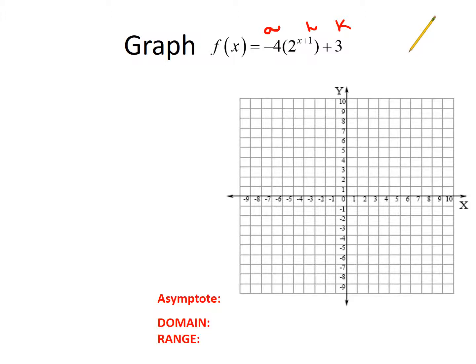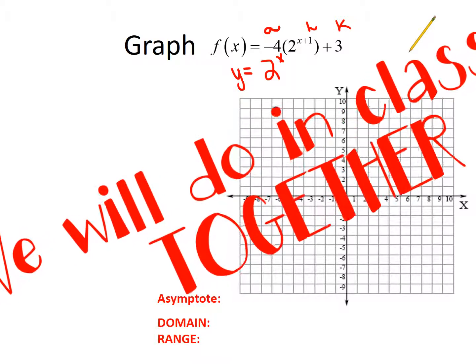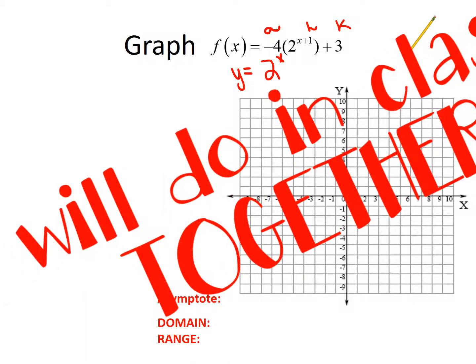So if I just try to weed out the a, h, and k, all I'm left with is y is equal to 2 to the x power, just like we had on example number 1. That's my parent function. But just like for example number 2, we're going to do this one together in class when you come back, okay? Because I don't want this video to be too long, and I also know you're going to have a lot of questions, so I want to be able to do these together, okay?